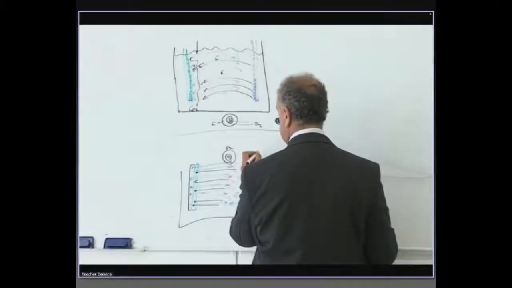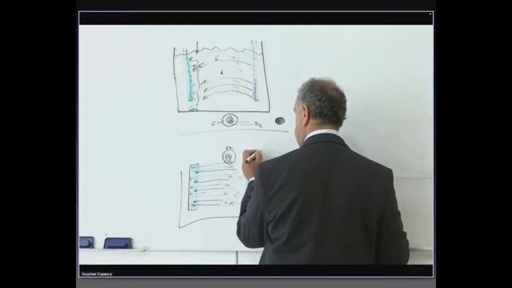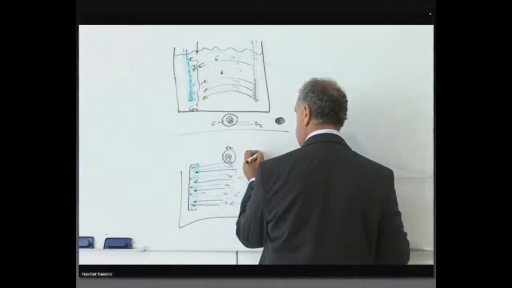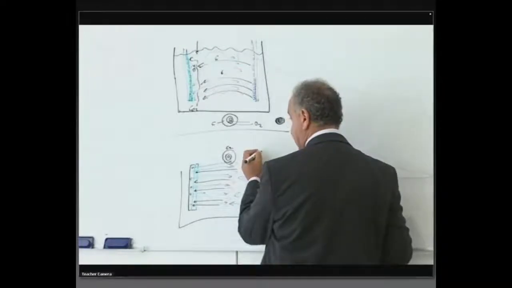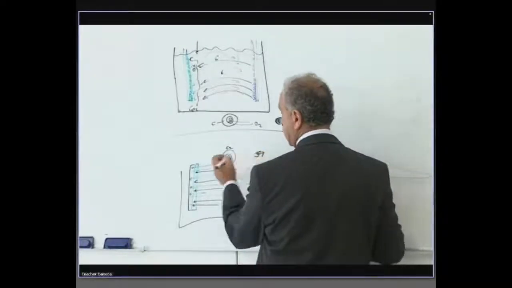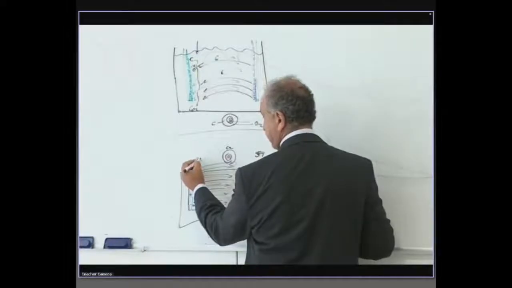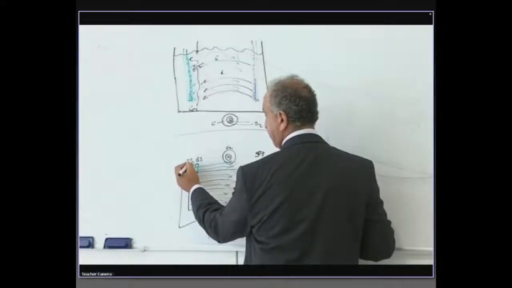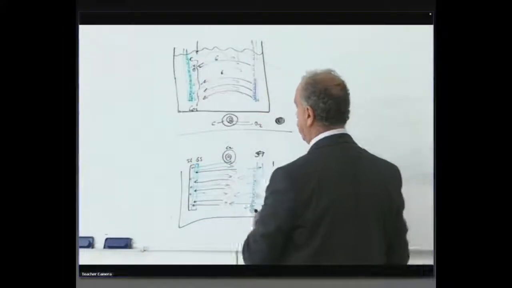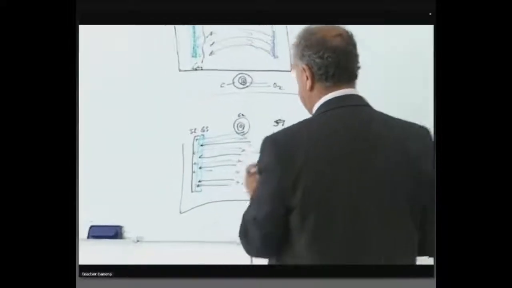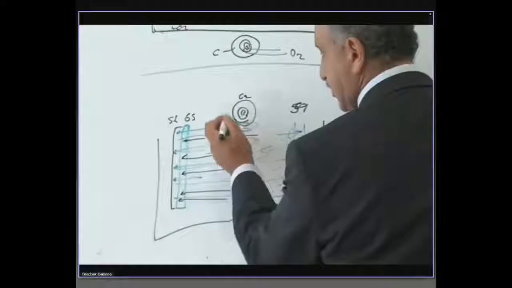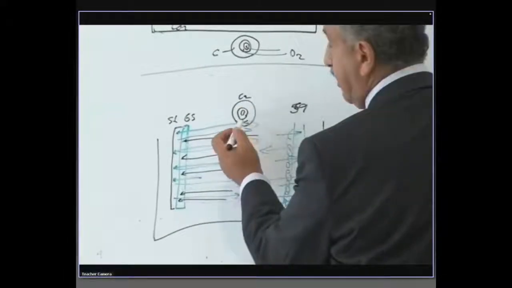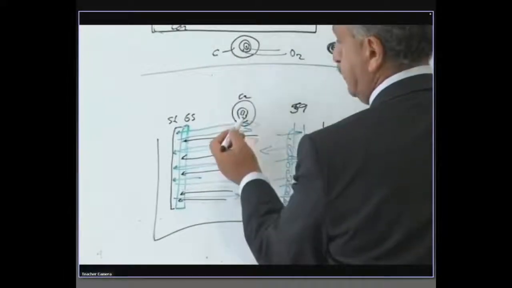But there is another factor. Don't forget, this was 60, 59. This was 65. And this one is 56. Now, between this and this, you create a gravitational magnetic field of CO2.